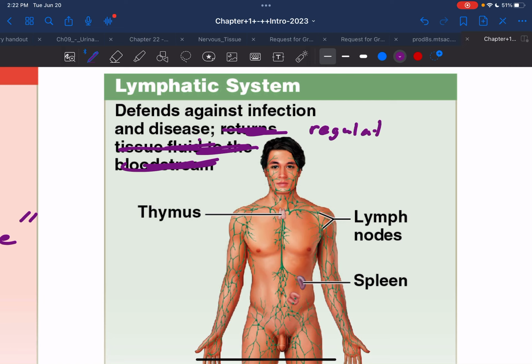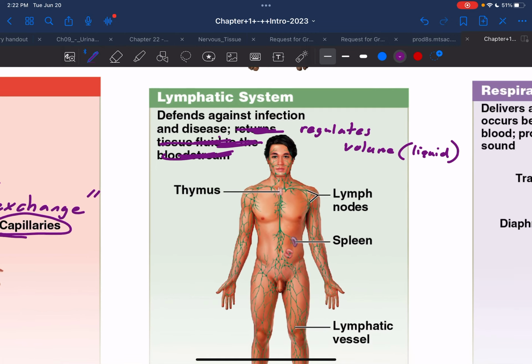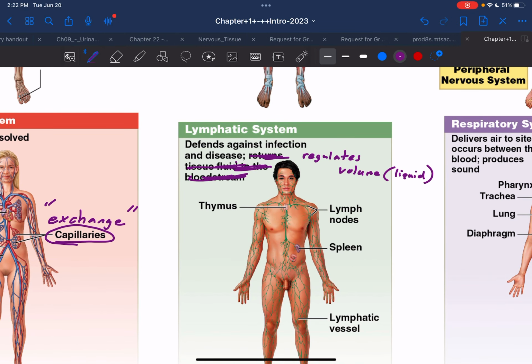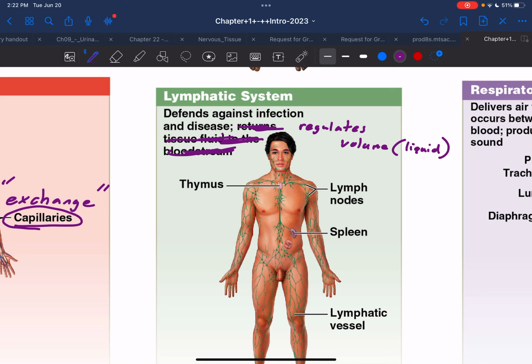I know, we're almost done. Regulates volume. In other words, liquid volume, just in case. The water level, or the liquid volume in your body, is regulated by the lymphatic vessels.